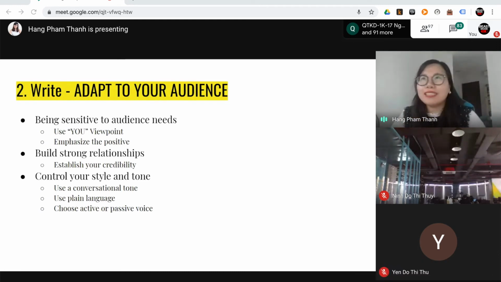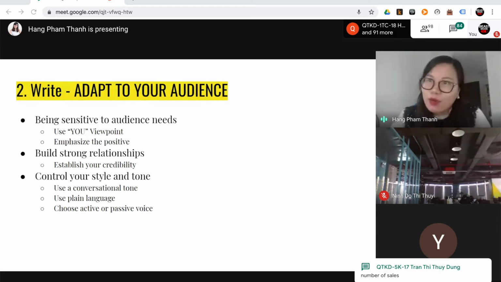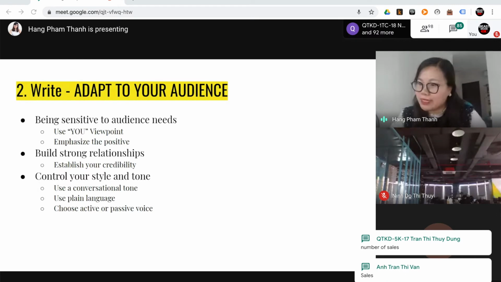So for example, if I'm selling something, what kind of evidence can be persuasive to the audience? If you're selling something, you want to persuade them, right? What kind of evidence? Okay, number of sales, really good. Feedback from customers, yes.